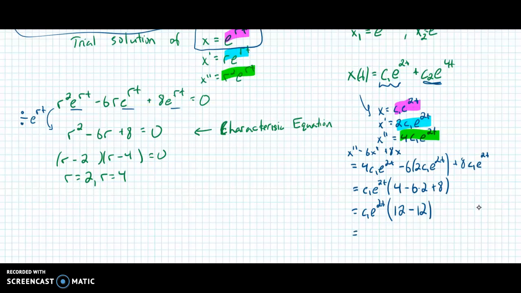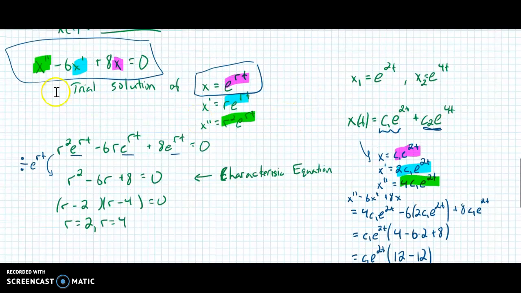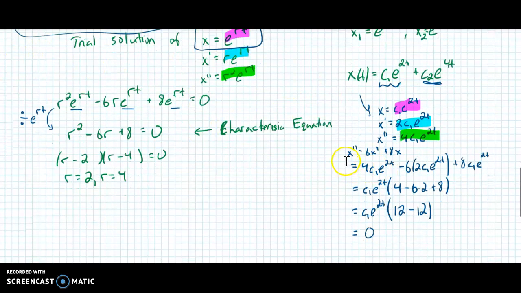Well, that's 0. And 0 times that thing up there is 0. So what I want you to see is that this thing here does actually fit this equation up here, because I started with the equation, I did some stuff, and I got 0. So that means this equation is equal to 0 when I plug in this value right here.